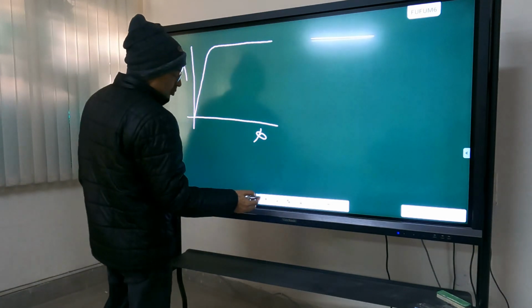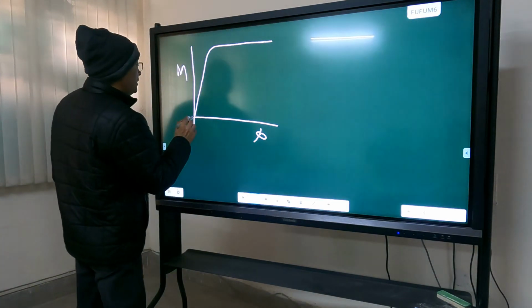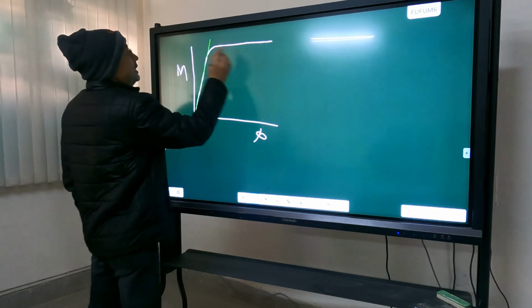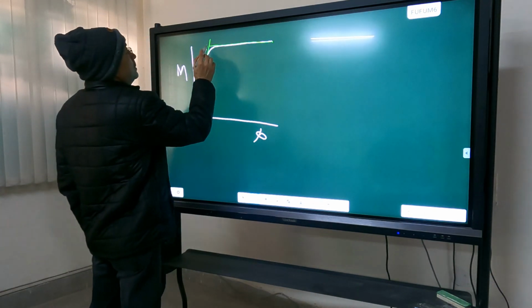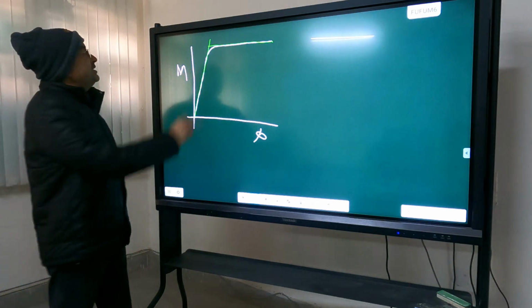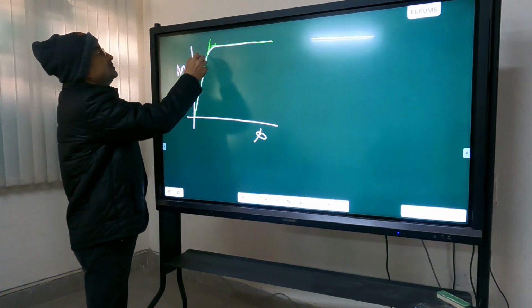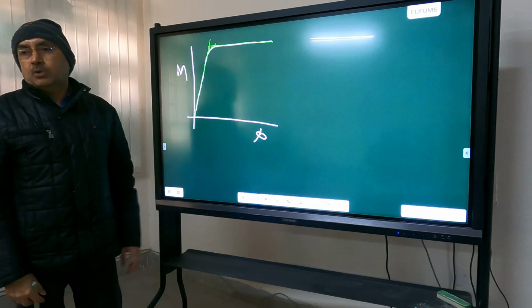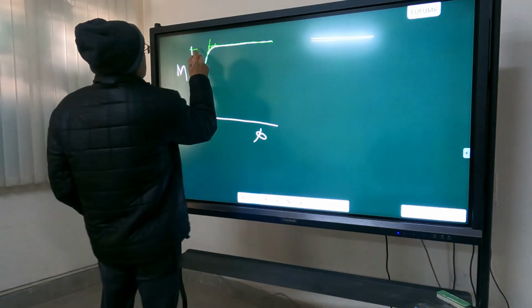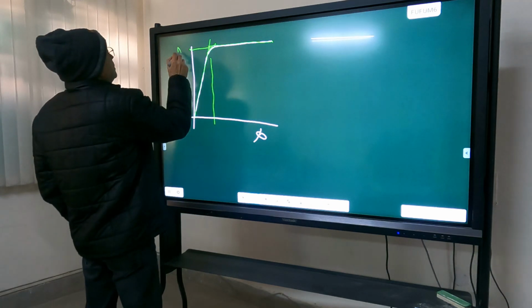You are drawing a line here and another line here. These are meeting here. How much error you are doing in energy? This much. Very small.